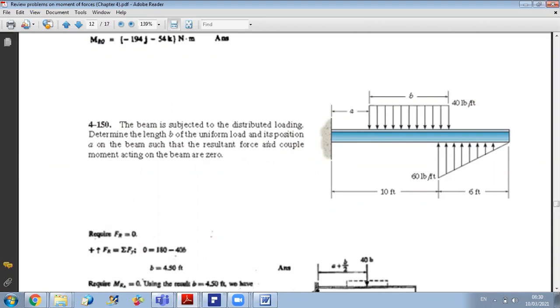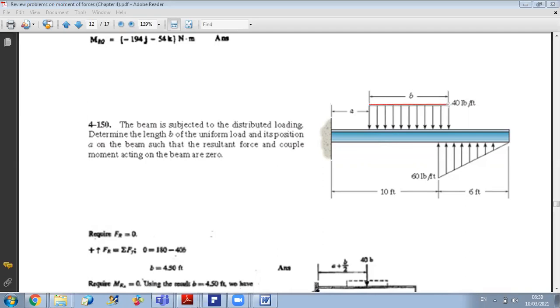First we will express our resultant force and resultant moment as functions of A and B, and then we will put the condition that the resultant force is zero and the resultant moment is zero. Okay?